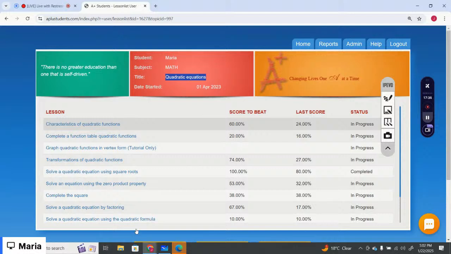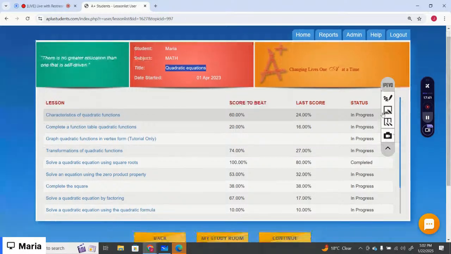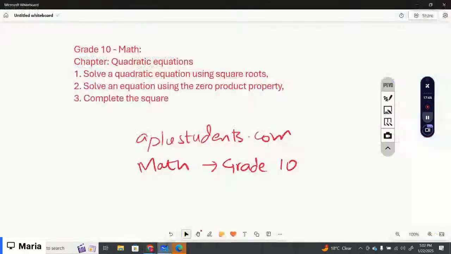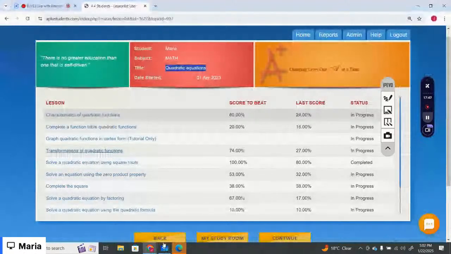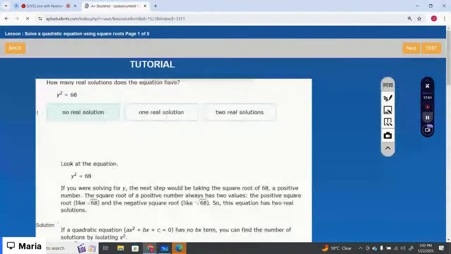Here I'm on grade 10 math. Chapter we are on right now is quadratic equations. Let's just start with the first lesson. Solve a quadratic equation using square roots.